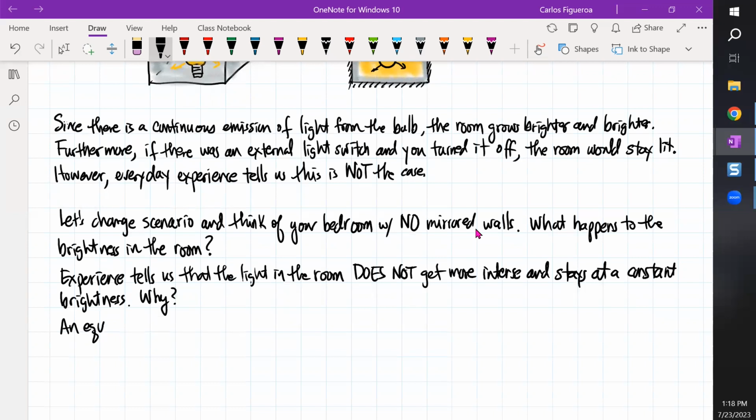An equilibrium state has been established.